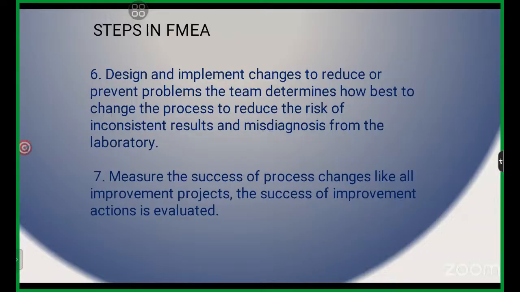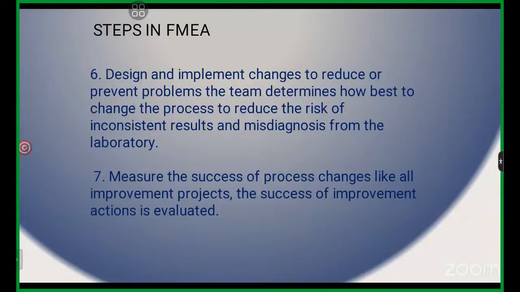Next, in FMEA, we design and implement changes to reduce and prevent problems. Here is where the team determines how best to change the process to reduce the risk of inconsistent results and misdiagnosis from the laboratory. Next, step number 7 is to measure the success of the process.